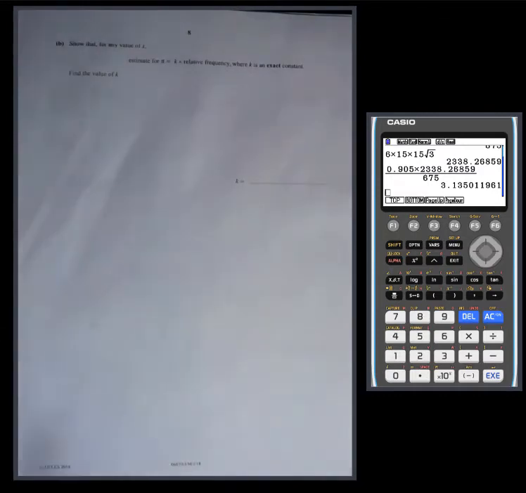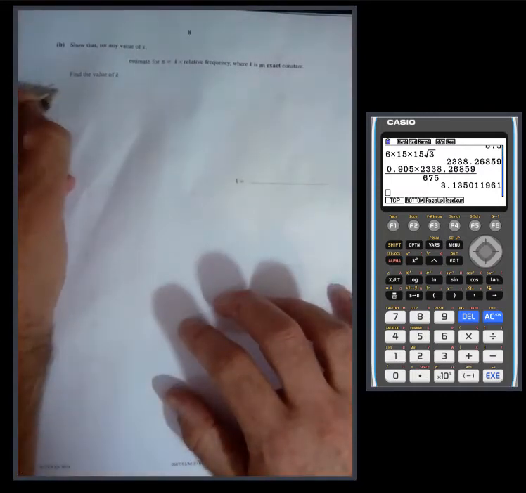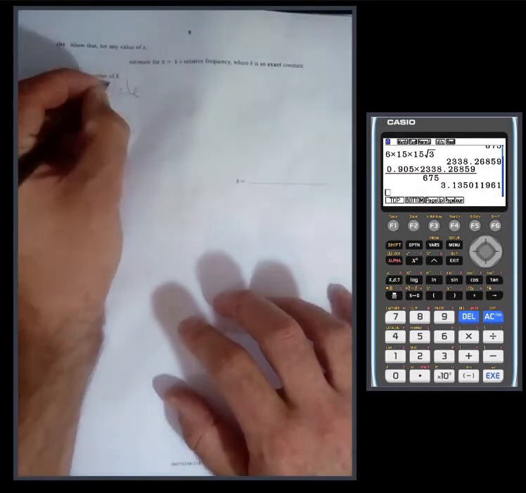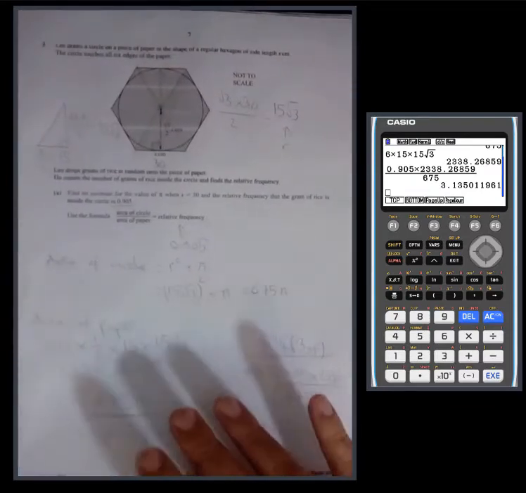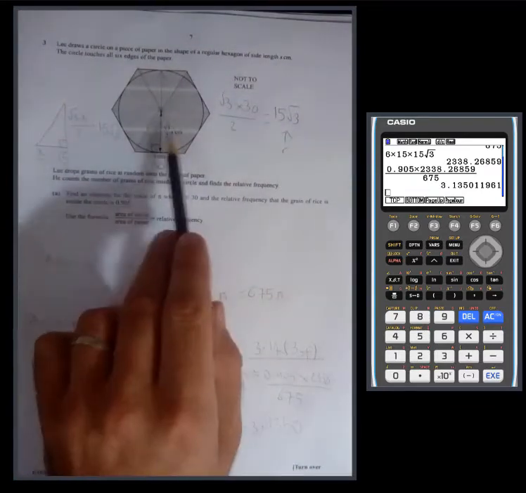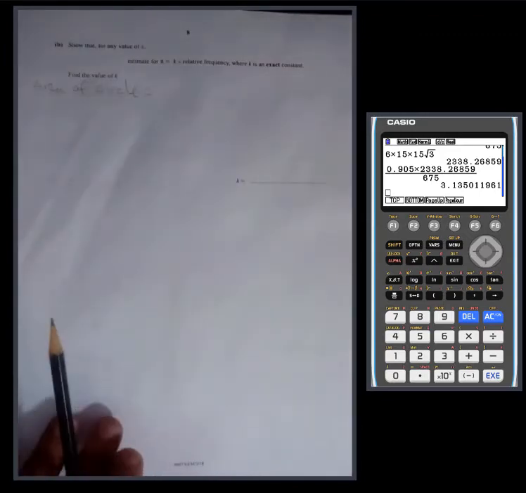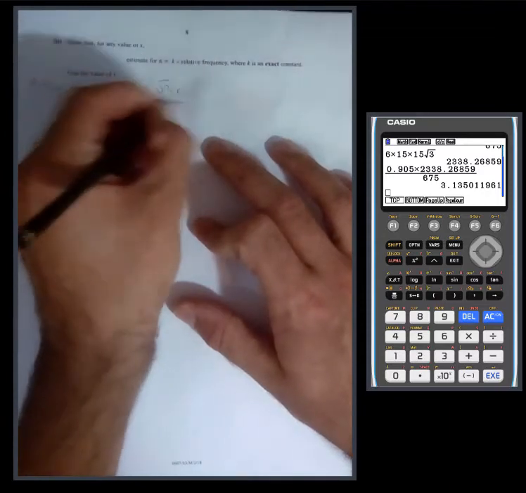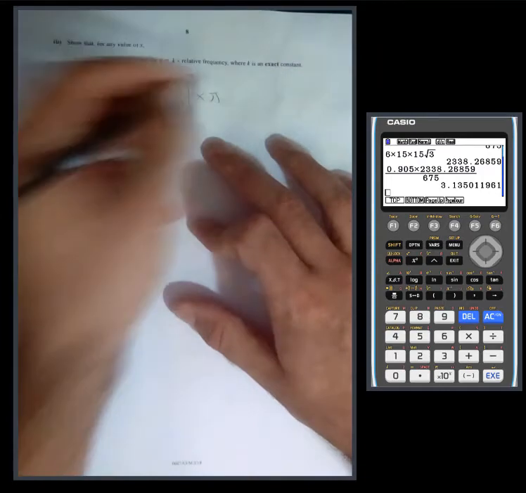So let's write some expressions down. We'll start with the circle. Area of circle, remember it's r squared times pi, and I do keep checking back, so I really don't want to make a mistake. r is root 3x over 2. So it is root 3x over 2 squared times pi.